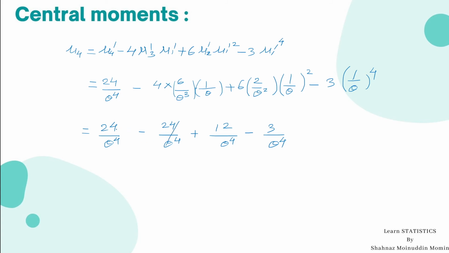This 24 by theta raised to 4 and 24 by theta raised to 4 get cancelled, and we will get 9 by theta raised to 4. Therefore, the fourth central moment is 9 by theta raised to 4.